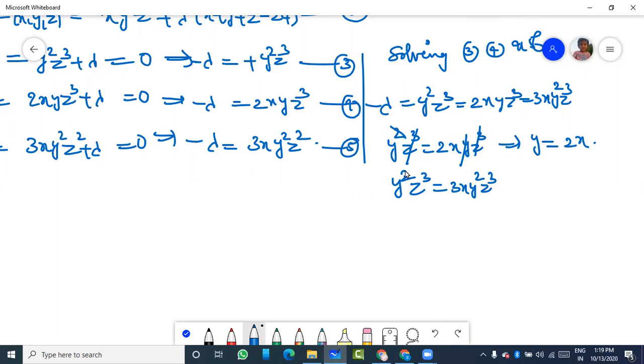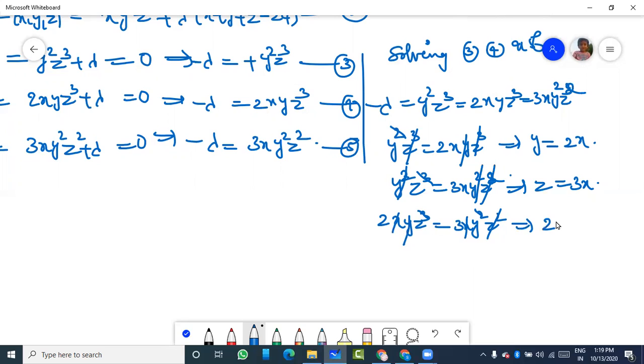Here y square cancels, one z cancels. From this, z equal to 3x. And we can take the middle, that is 2xyz cube equal to 3xy square z square. One y cancels, z square cancels, x cancels.